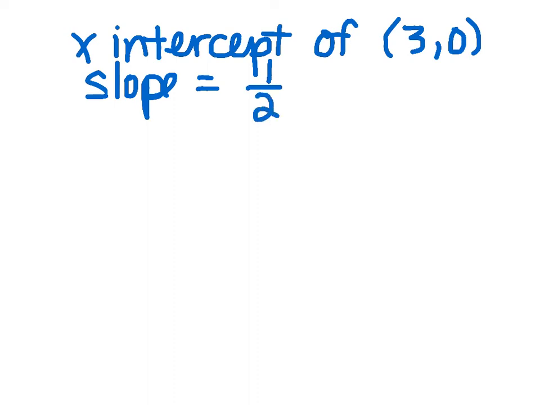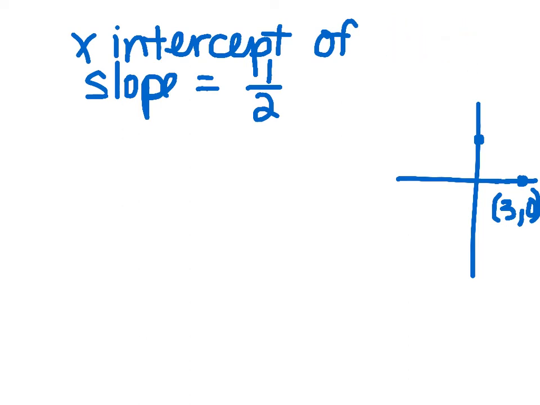We know that the y-intercept is where a line crosses the y-axis, so the x-intercept is where it crosses the x-axis. It will just say that x-intercept equals 3. X-intercept means it's crossing the x-axis here, which means the x-coordinate is 3 when y is 0. So that's code for 3, 0 is a point on the line.